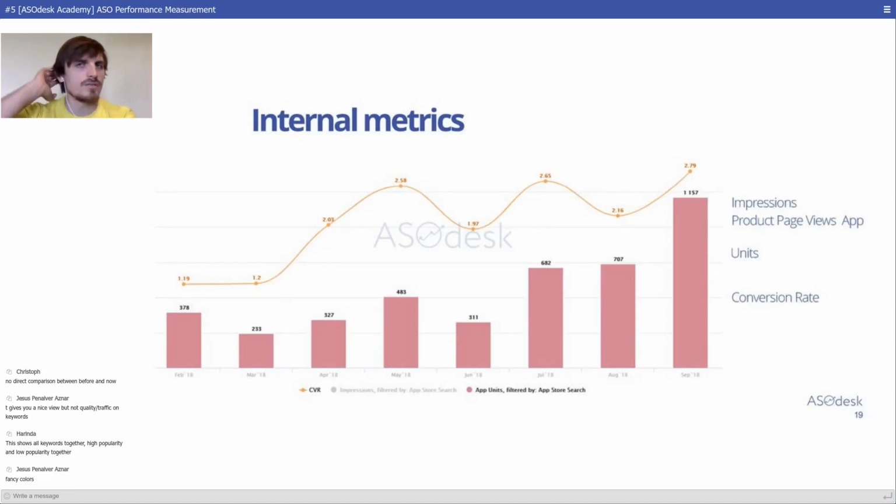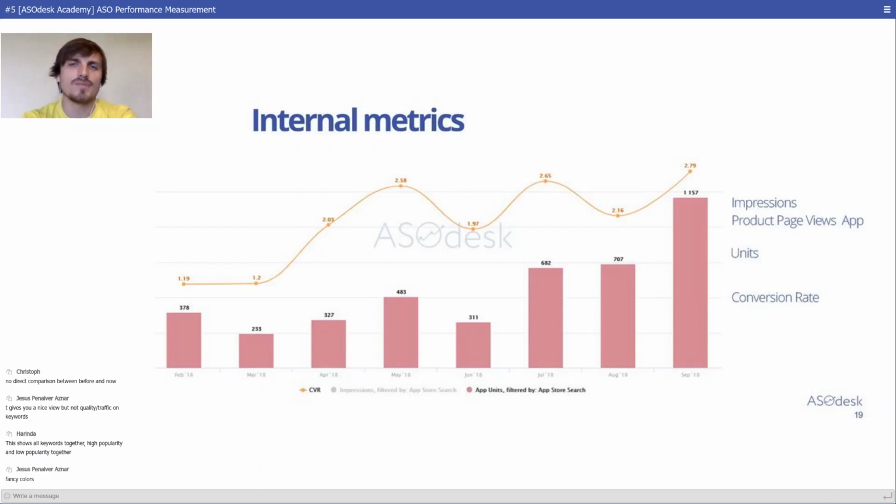This is data from App Store Connect Analytics. Internal metrics consist of number of impressions, number of product page views, number of units, and our conversion rate percentage.